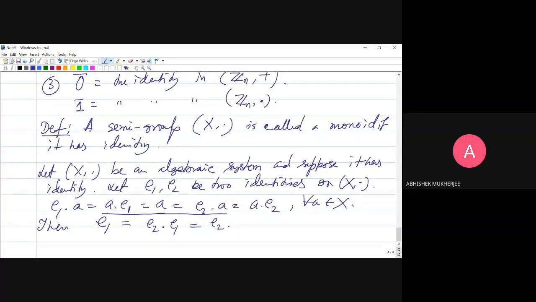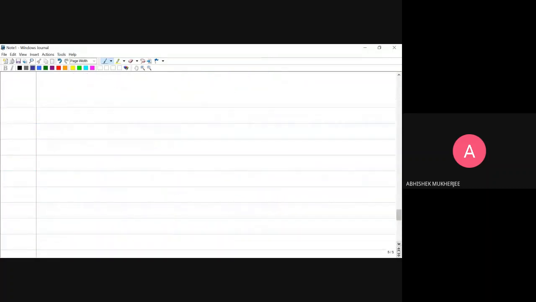Right? So therefore, in a monoid, the identity is unique.